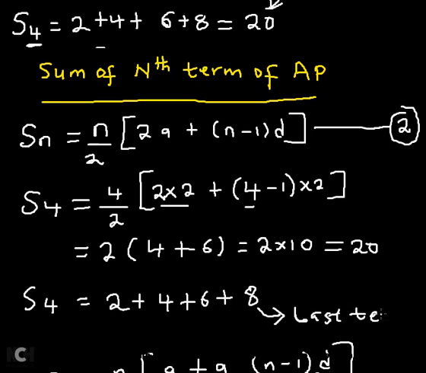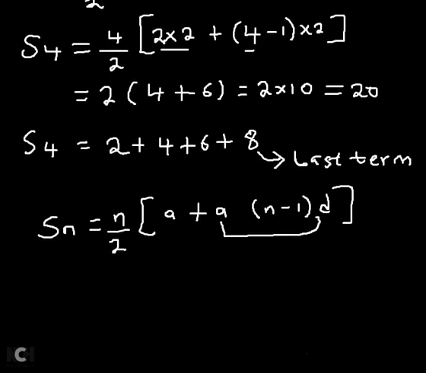You know very well that 8 can also be found using the nth term formula. So this formula here is the nth term formula, and that is the last term, because if you are summing, you sum all the way from the first term to the last term. So the formula of the nth term of an AP becomes the last term of that series or sequence that you are summing.